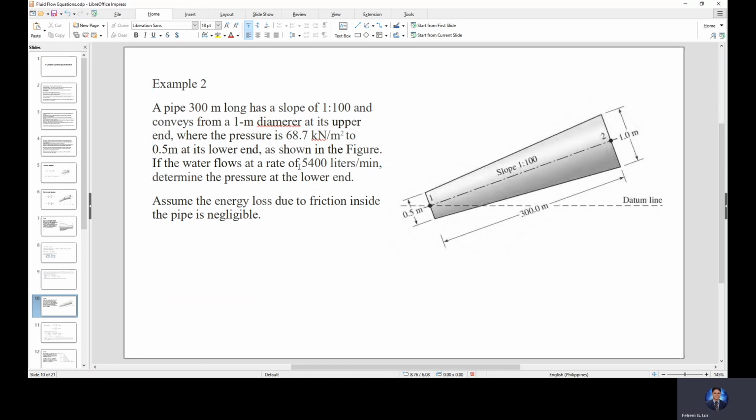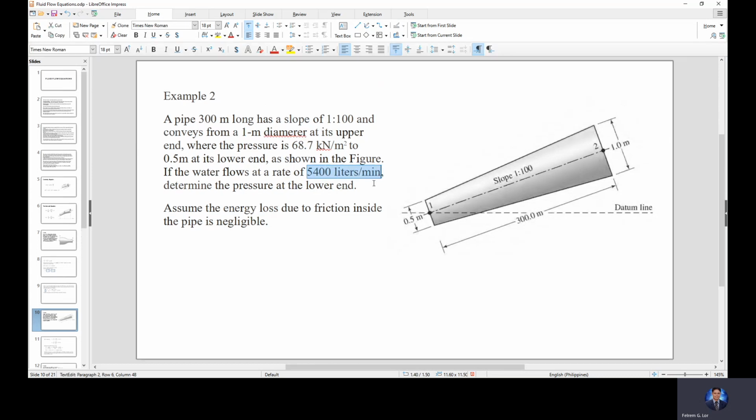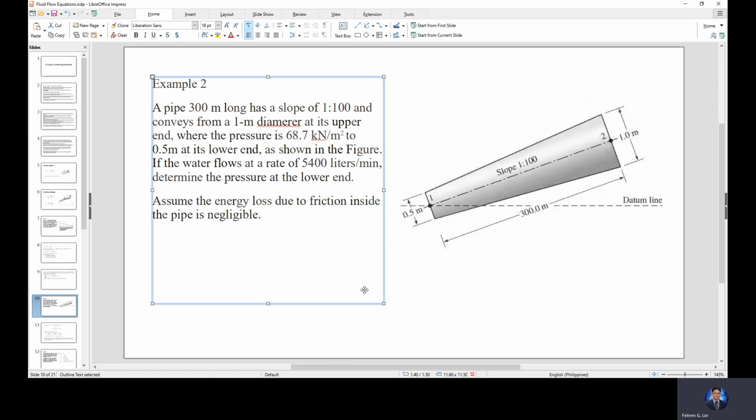That's the discharge. The discharge of the water is 5,400 liters per minute, and the diameter of the pipe, based on the figure, at point 1 is 0.5 meter, and at point 2, at the upper portion, is 1 meter.